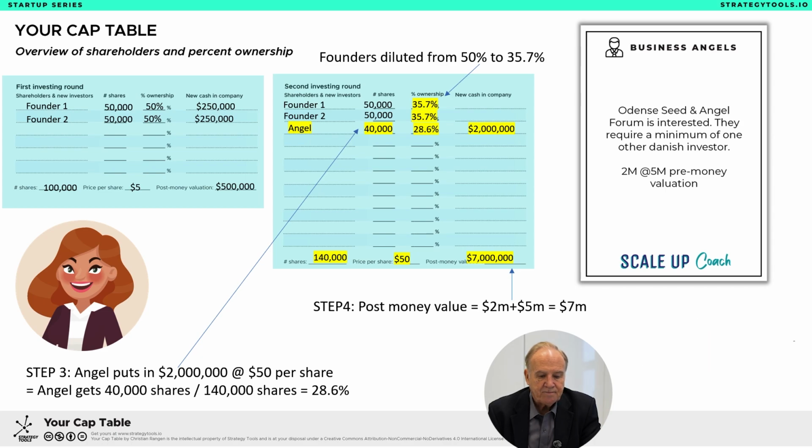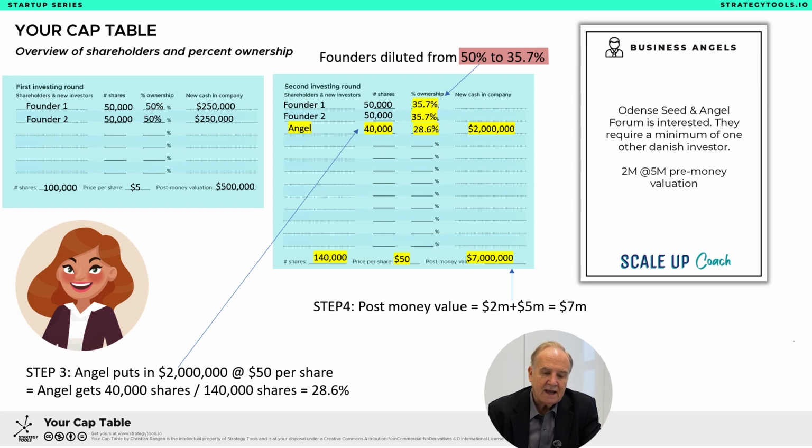Then the next step is to figure out what ownership each founder has and what ownership the angel has. Well, each founder now has 50,000 shares divided by 140,000 shares, not the old 100,000. So their value goes from 50% of the business down to 35.7% of the business.